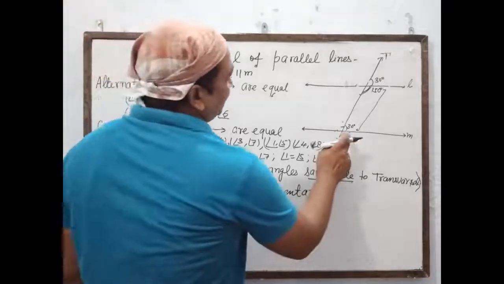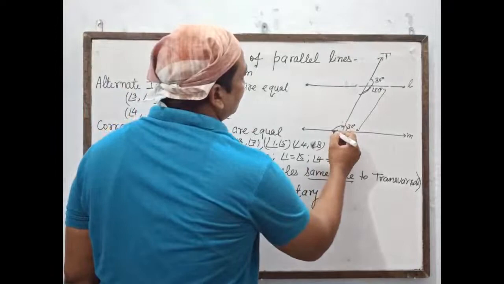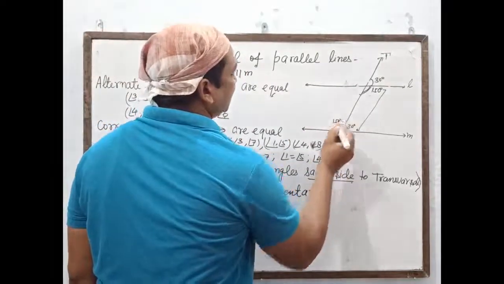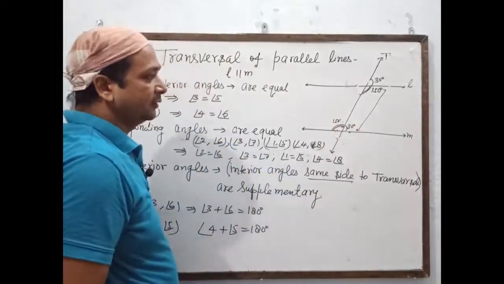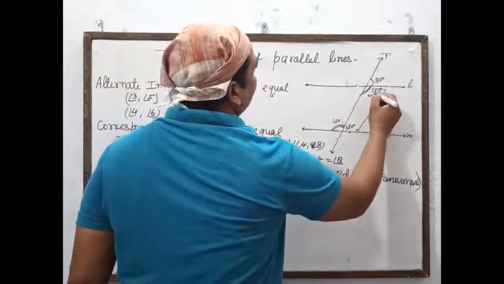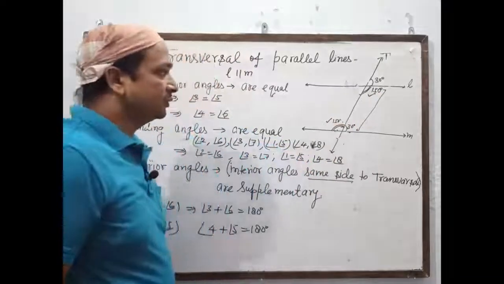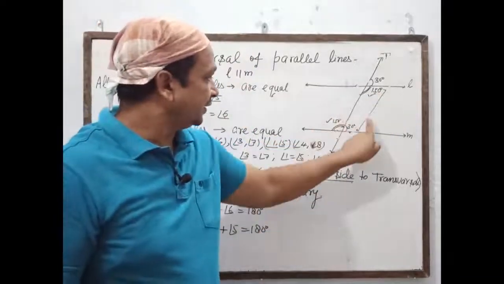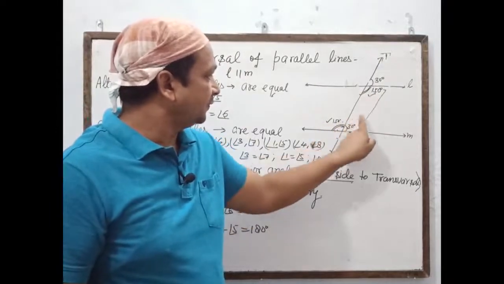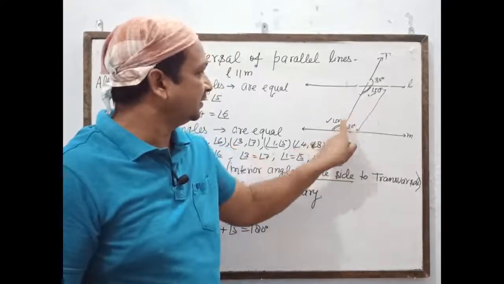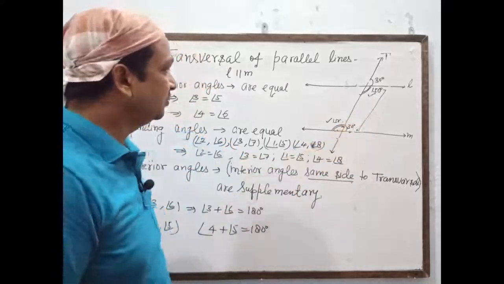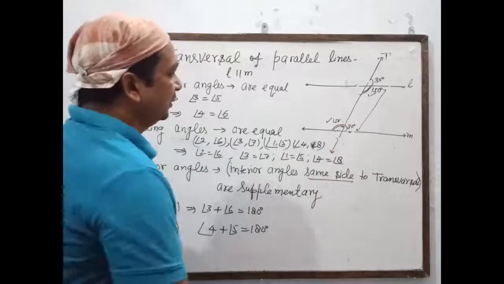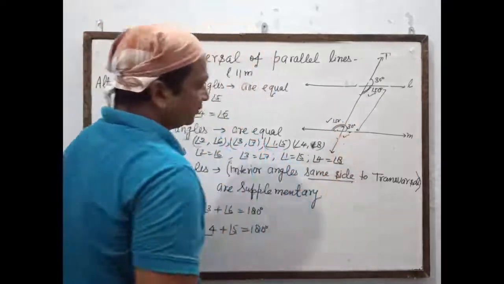Again, if this is 30 degrees, then what will this angle be? By linear pair, 150 degrees. Otherwise, if we want to use alternate interior angles, then this interior angle alternates with 150 on the left, and these are equal. So we can use the linear pair property or the alternate interior angle property. How can we find this angle?